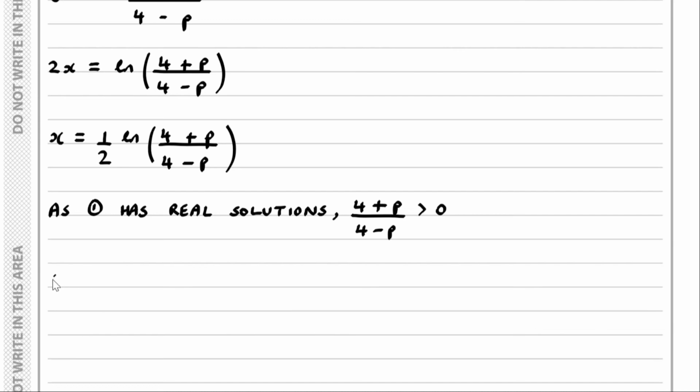Now, if I think about how to solve for p, I want p to be in between minus 4 and 4. So when p is less than 4 but greater than minus 4, that ensures that the denominator is greater than 0, and it also ensures that the numerator is greater than 0. Which is why the range of values of p is negative 4 less than p less than 4.